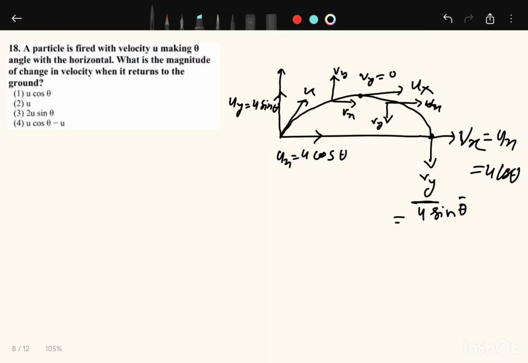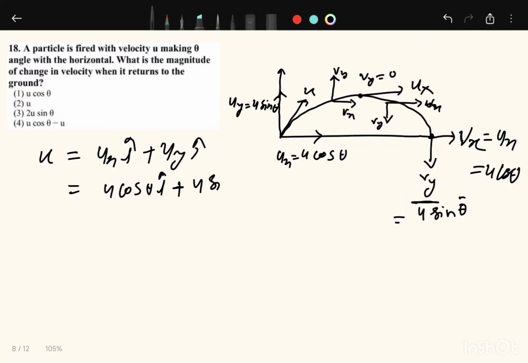So what is our initial velocity? Initial velocity, that is u. So initial velocity u will be ux i cap plus uy j cap. So you just put the value of ux and uy: u cos theta i cap, and uy will be plus u sin theta j cap, right?